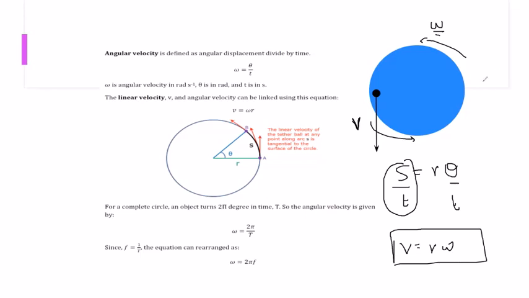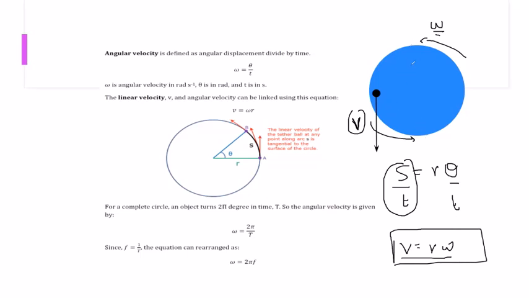Is it clear? So an object, when it is moving in a circular path, will have angular velocity. The objects which are associated with the large object or rotating in a system will have a linear speed in a straight line. So the formula which relates the angular speed with linear speed is V is equal to R omega.